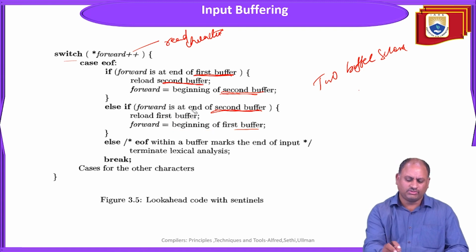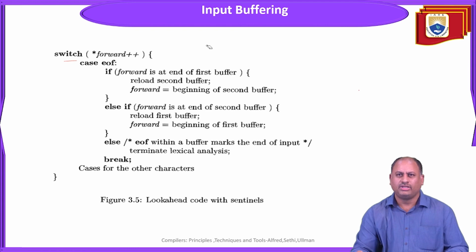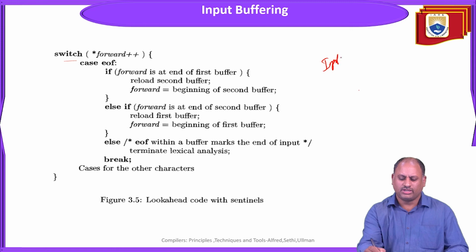In this way, we recognize the corresponding characters, find the sentinels, and release the tokens. That is the first important phase of the compiler, the lexical analyzer, where the source program instructions are recognized as input and tokens are released as output.